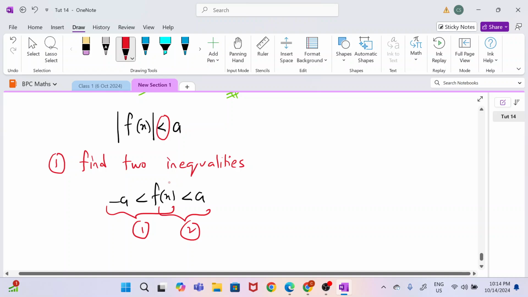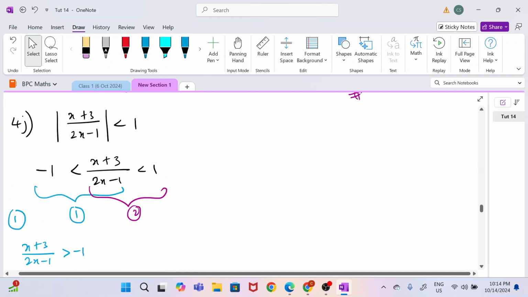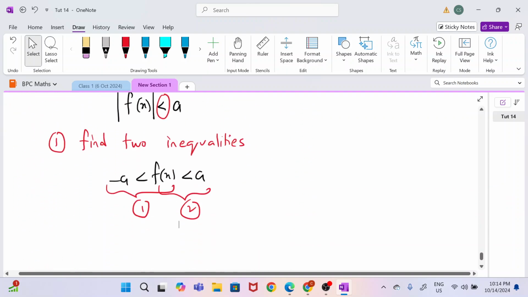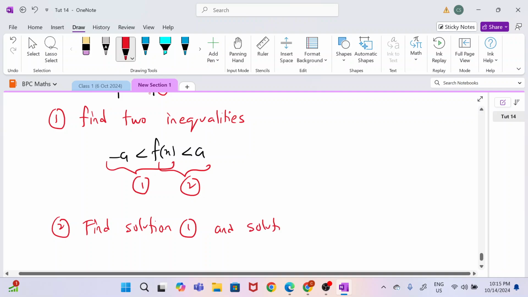Okay, first find the first and second inequality, and then find solution 1 and solution 2.